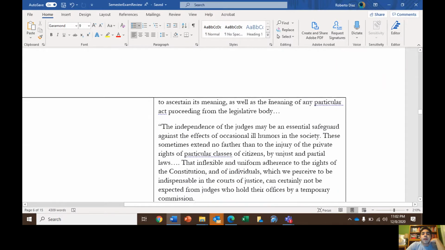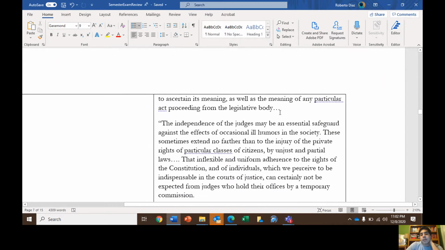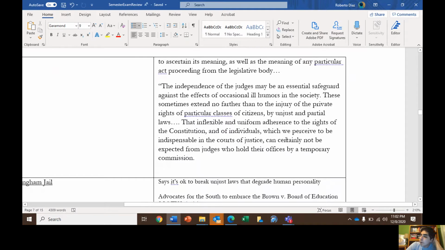It therefore belongs to them to ascertain its meaning, as well as the meaning of any particular act proceeding from the legislative body. So basically saying that, according to Federalist 78, the judiciary has an important role for checking the actions of the other branches of government and ensuring that they're compatible with the higher law of the Constitution.